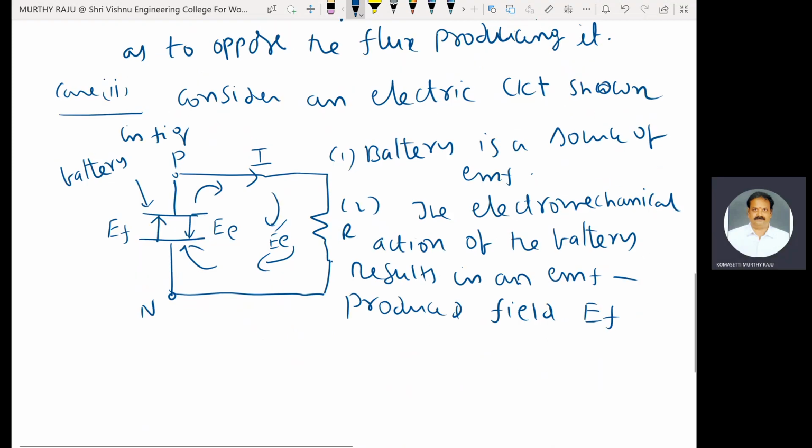Two types of fields are there, the E_F field and the E_E field. The E_F field is due to the electromechanical action of the battery.